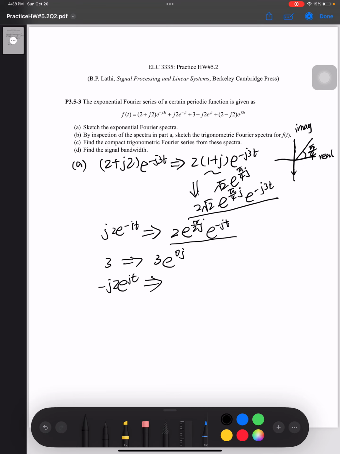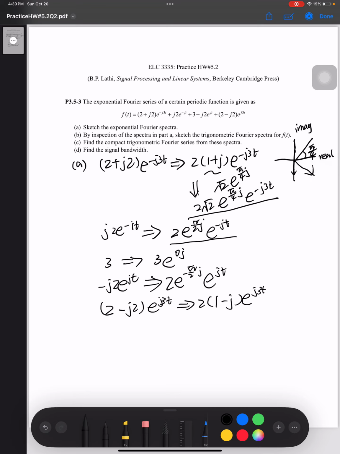So this is just 2 e to the negative j pi over 2, and e to the jt. And the last term, 2 minus j2, e to the j3t, which is 1 minus j. So real is 1 and j is negative, so it's this direction.